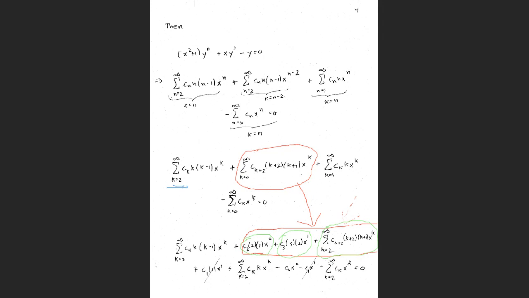Now for the third power series here, I'm going to write that power series like this. Okay. So I have the first term when k equals 1, and then I have the rest of the power series starting at k equals 2.